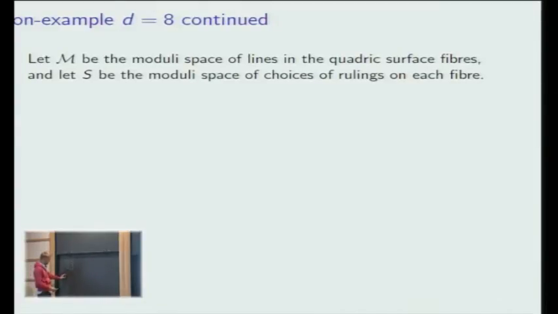So there's a corresponding double cover. So this is the fiber. This is the fiber of M, the moduli space of lines in the fibers. And this is S. So for each fiber you're going to get 2 points for S, 2 P1s for M, and this is what the original fiber looks like.